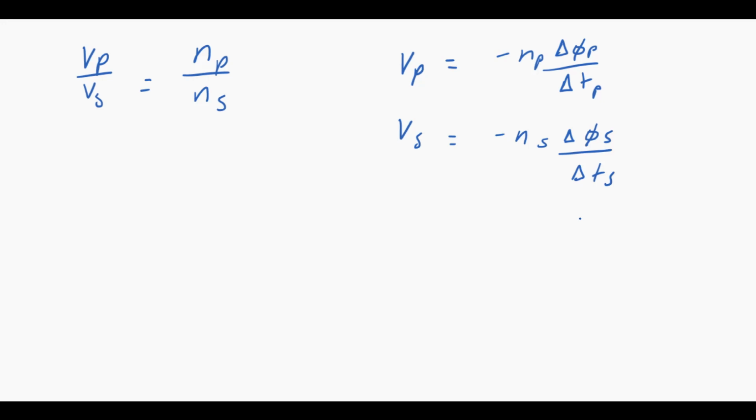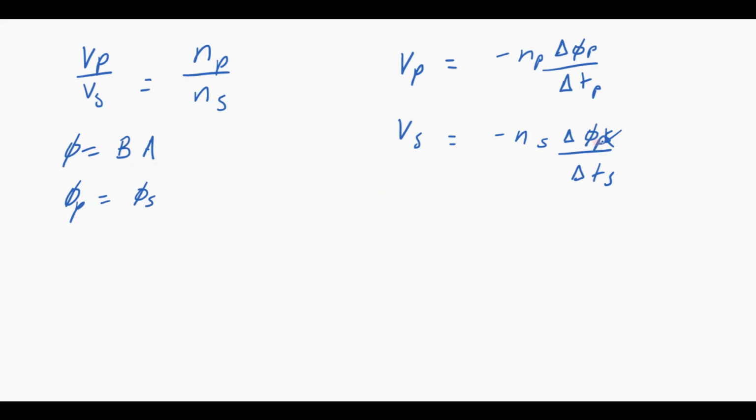Therefore, since flux is the magnetic field strength or magnetic flux density times the area perpendicular to that field, we can see that the flux is the same for everybody, since the field is the same for everybody, primary or secondary. So if we say that the primary is the same as the secondary flux, then we no longer need to have secondary as a special thing.